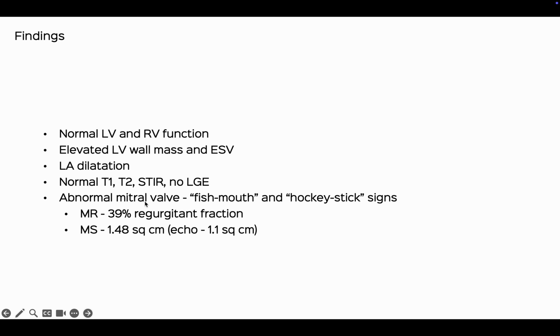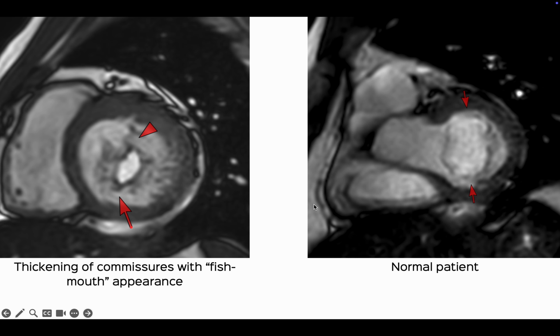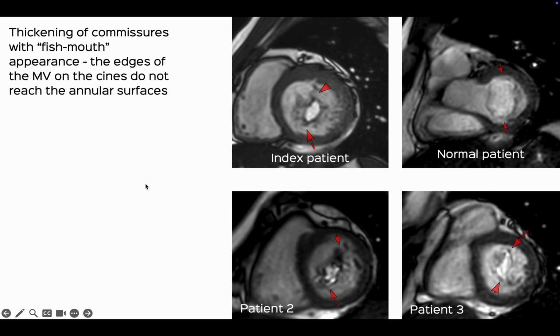So you've got an abnormal mitral valve with fish mouth and hockey stick signs. And just to give you an example of what a normal mitral valve looks like when it's completely open, the commissures reach the edges of the AV junction and the annulus here, whereas they don't in this particular setting.